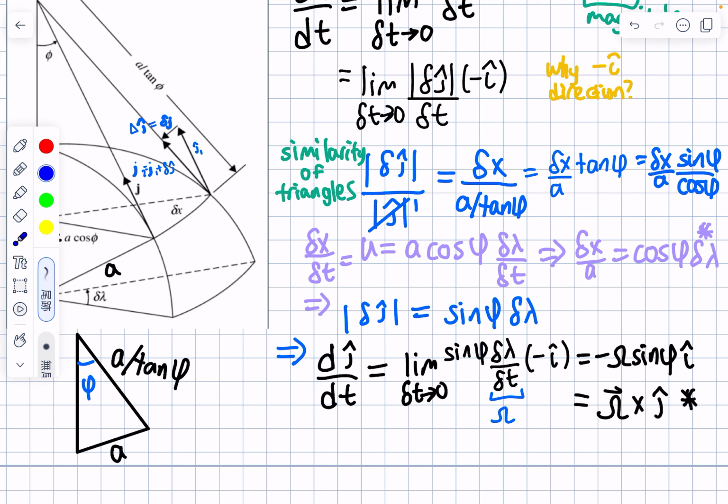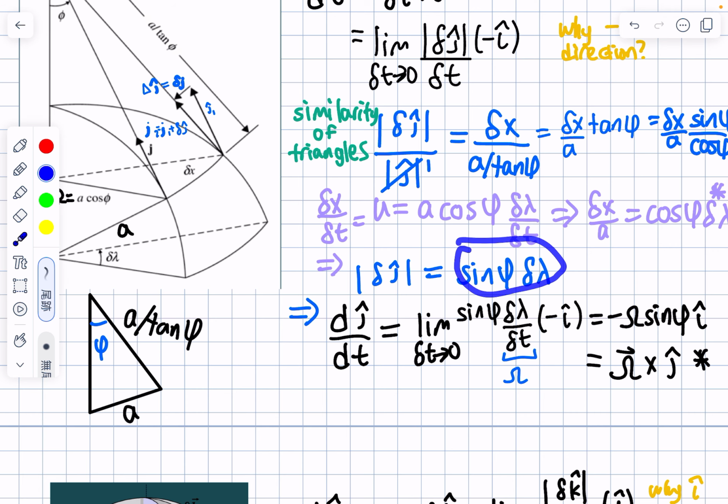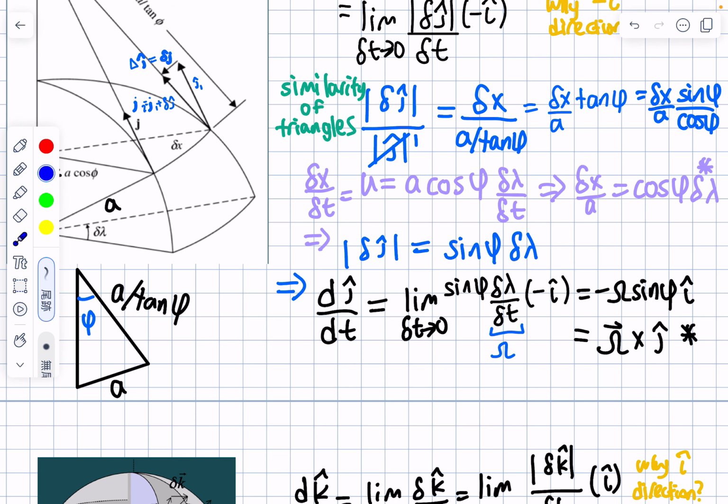So now we know that the magnitude of delta j is equal to delta x over a, which is cosine phi delta lambda. And then when we multiply this here, the cosines cancel out, and we're left with sine phi delta lambda.